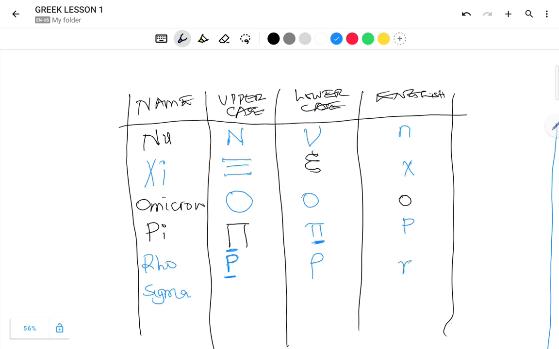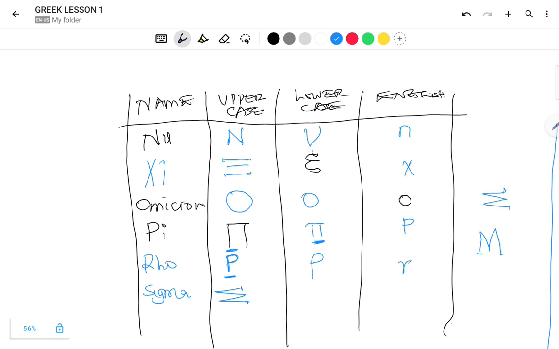Now, sigma, the uppercase is written like this, almost like you're trying to write a Z, but in like a weird Z. Or, best way to remember, think of like you were writing an M, and then you flip this M to now look to face that direction.